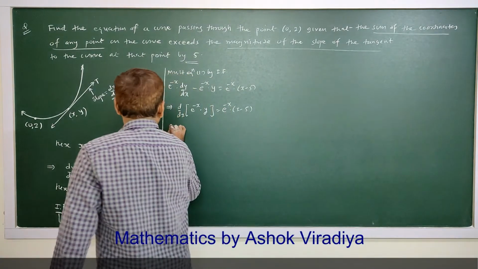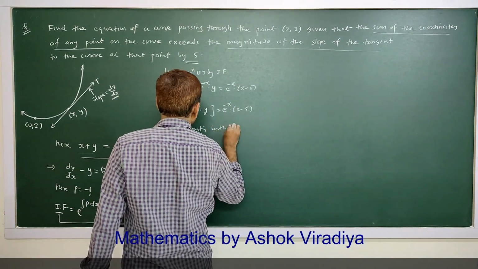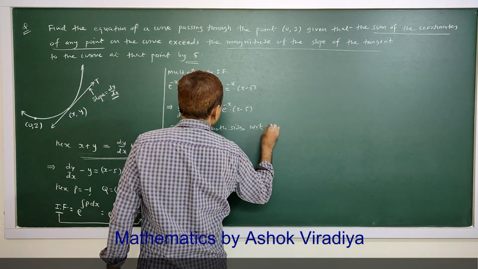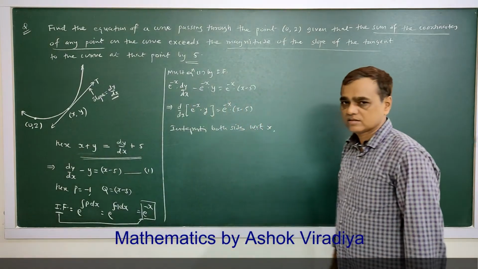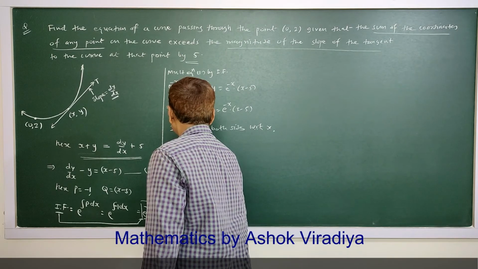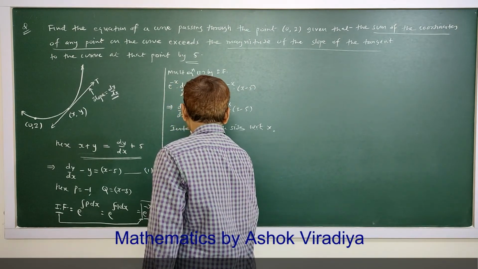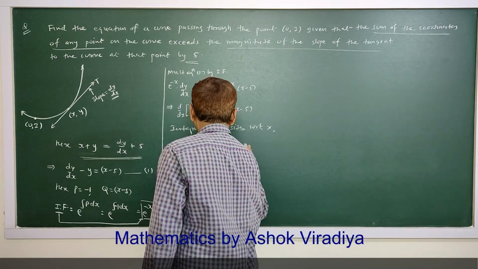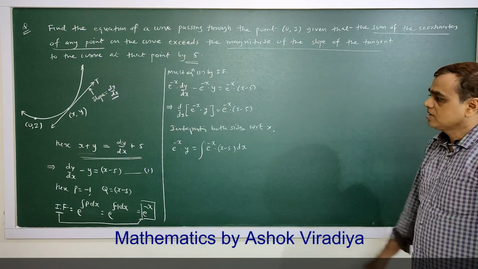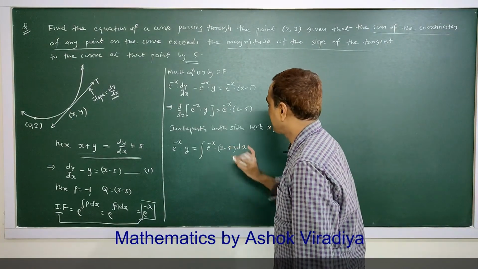Now integrating both the sides with respect to x, antiderivative of LHS is e raised to minus x into y equal to integral of e raised to minus x into x minus 5 dx. Now to integrate on the right hand side, we use the rule of integration by parts.